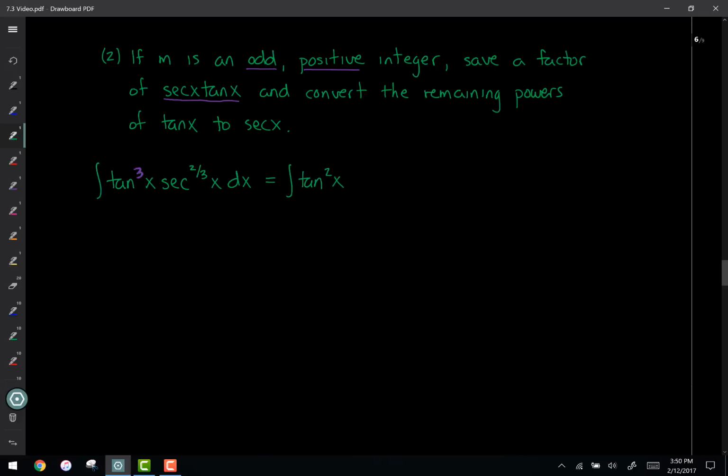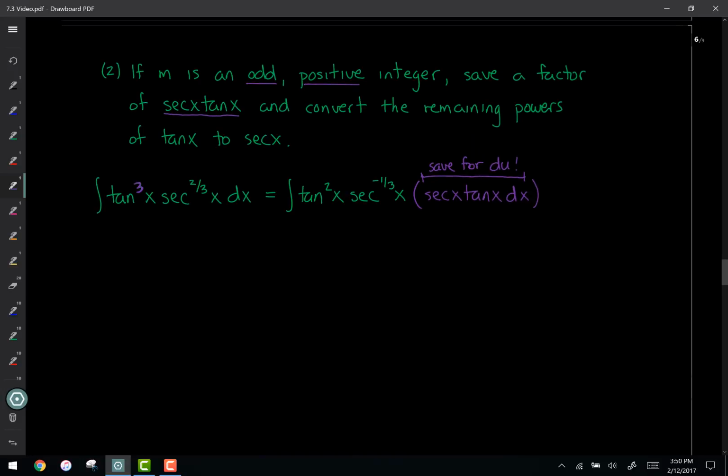And if I take a secant out of secant to the 2/3 power, you are left with a secant to the negative 1/3 power. And we're saving this secant x tangent x. So again, we're going to save this for du. So don't lose track of it when you're doing all the simplification here. So save for du.